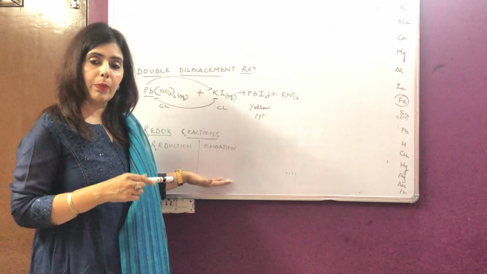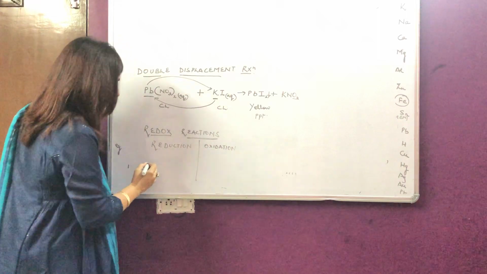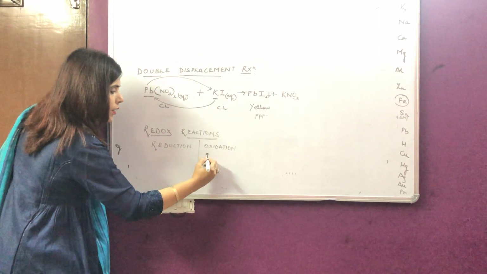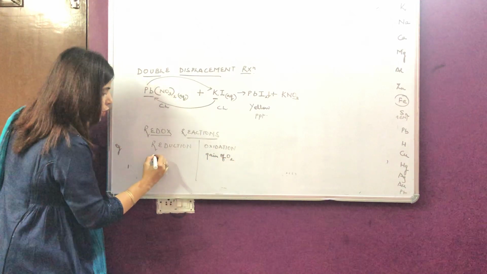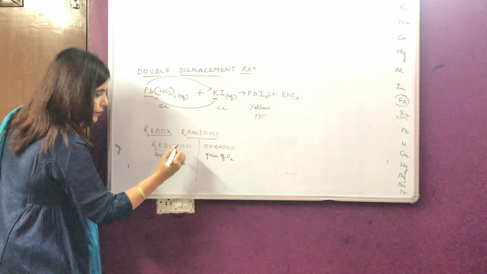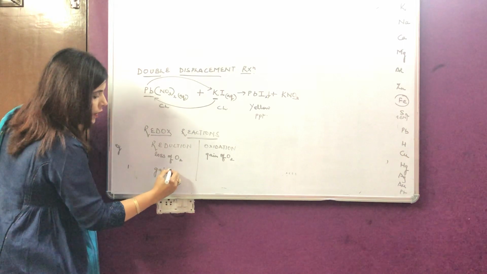Though we are going to take it up as a complete topic when we come to it, let us do a simple example. Now, oxidation was what? Gain of oxygen. And reduction was what? Loss of oxygen. And reduction is gain of hydrogen, oxidation is loss of hydrogen.